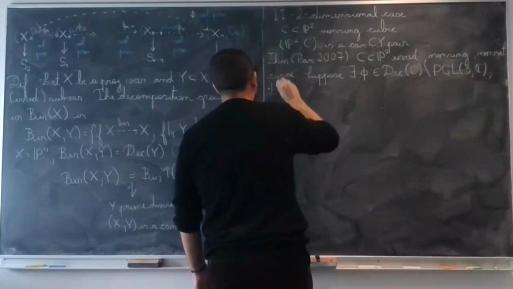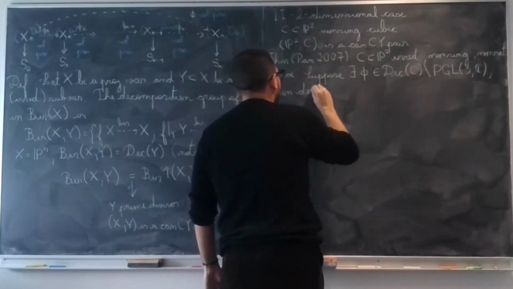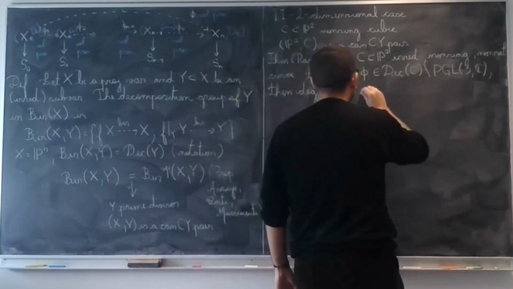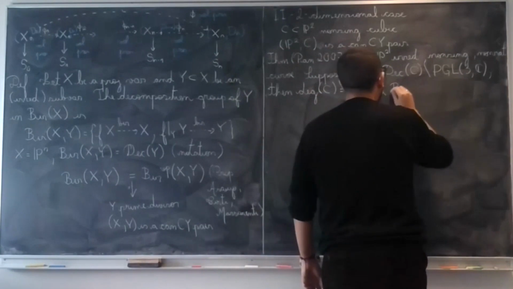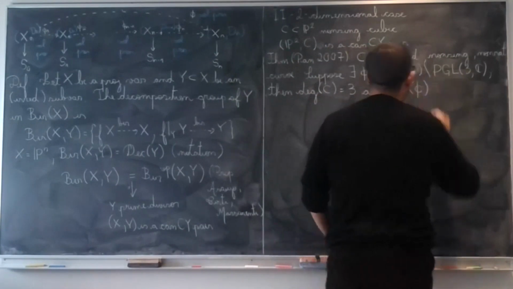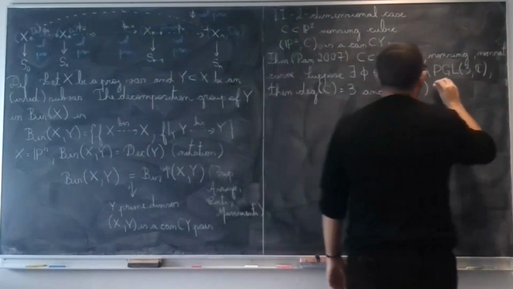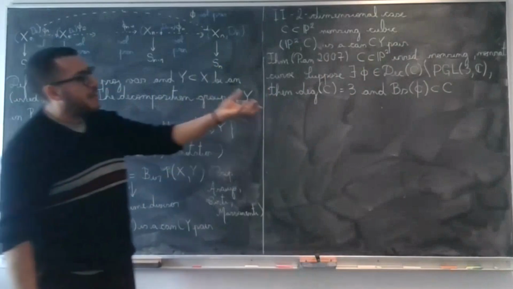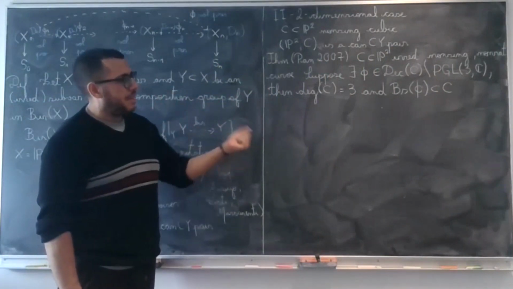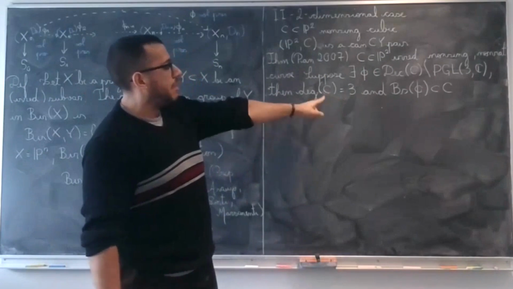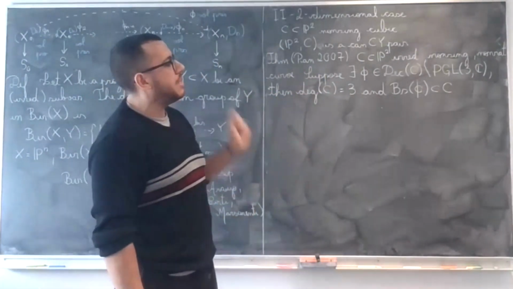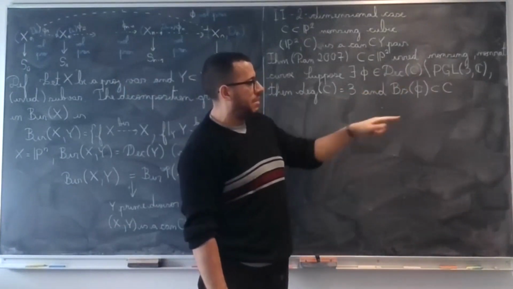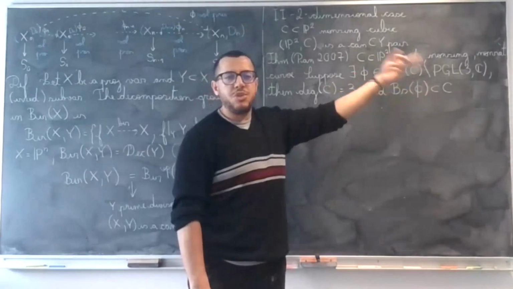So the degree of this curve is necessarily 3, and the proper base locus of this map is contained in the curve. So this says to us that, for example, when this curve does not have a degree higher than 3, the decomposition group of this curve consists of the automorphisms of P2 which will preserve it.